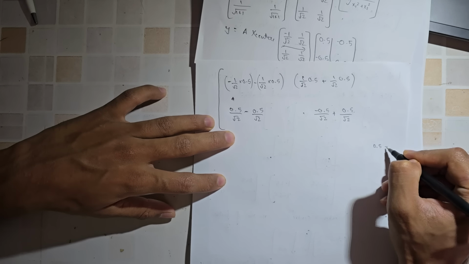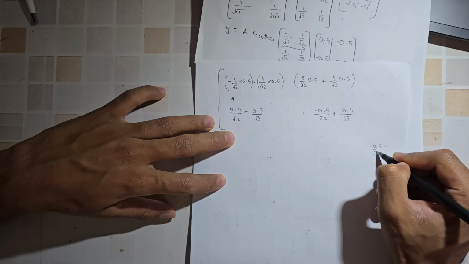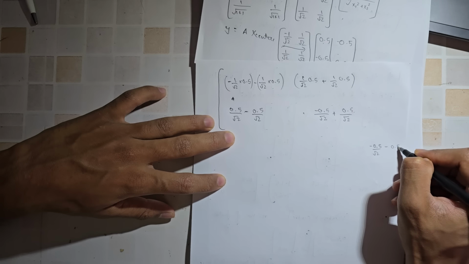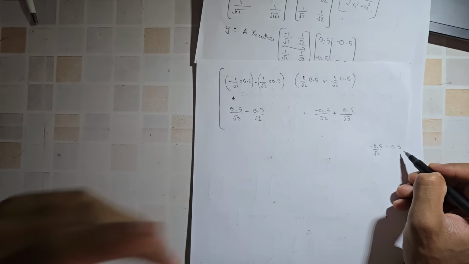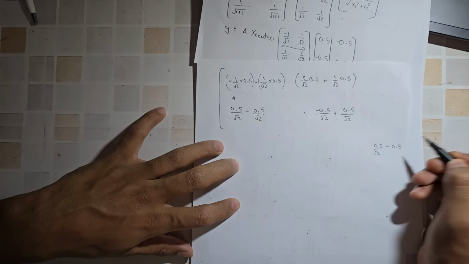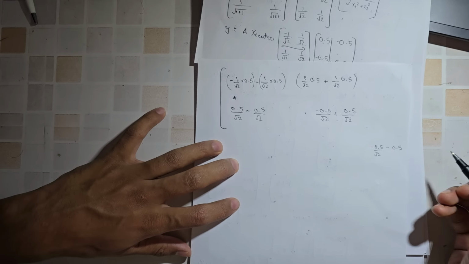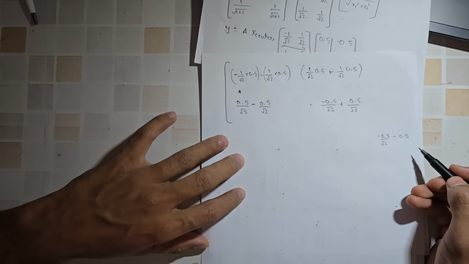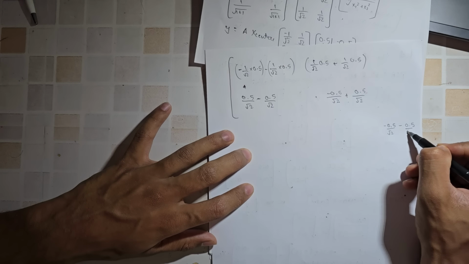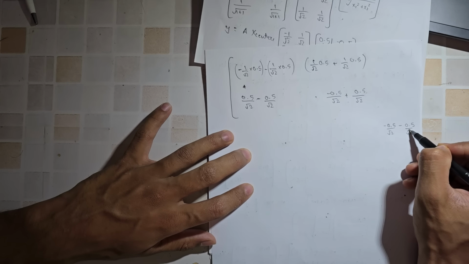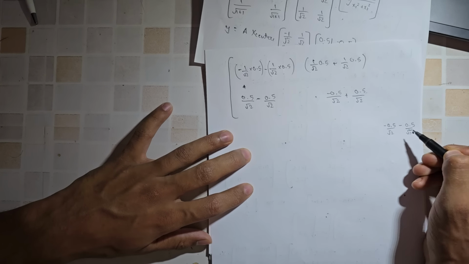0.5. Whenever you subtract, if there are two matrices to be subtracted, so it will be root 2, right? So you have to cross multiply and do.